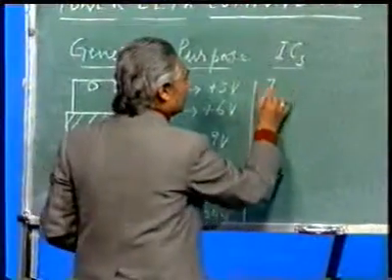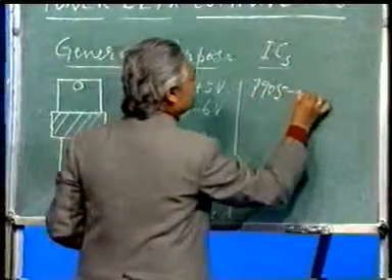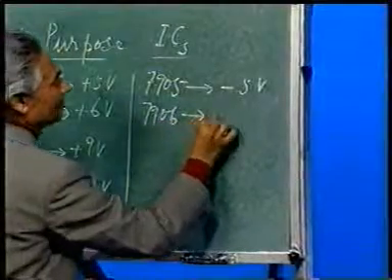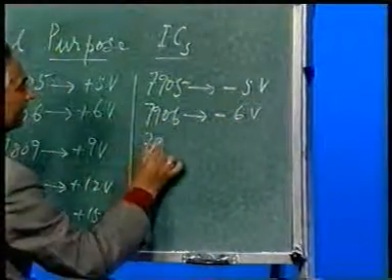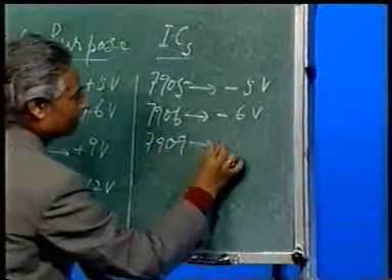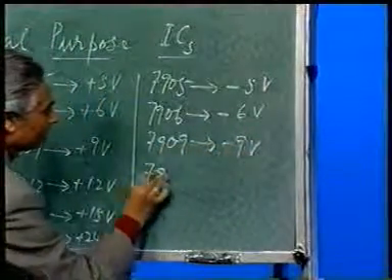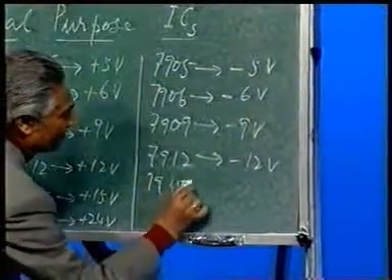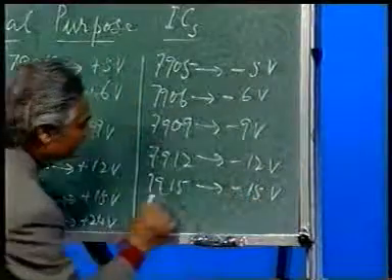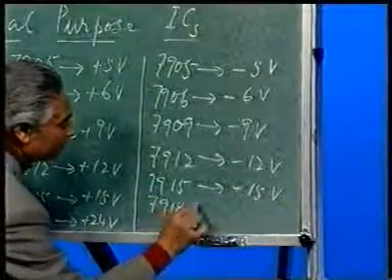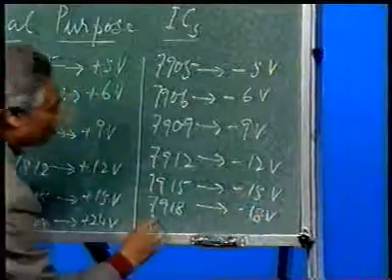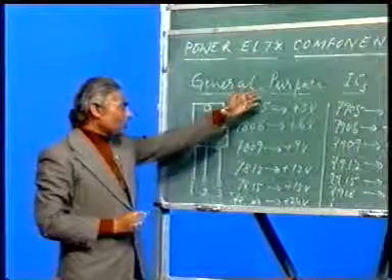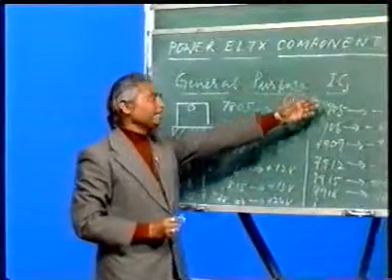So if it is 7905, this means minus 5 volt. 7906 minus 6 volt. 7909 minus 9 volts. 7912 minus 12 volt. 7915 minus 15 volt. 7918 minus 18 volts and so on. So you can have all sorts of regulated power supplies both in positive group also, in negative group also.